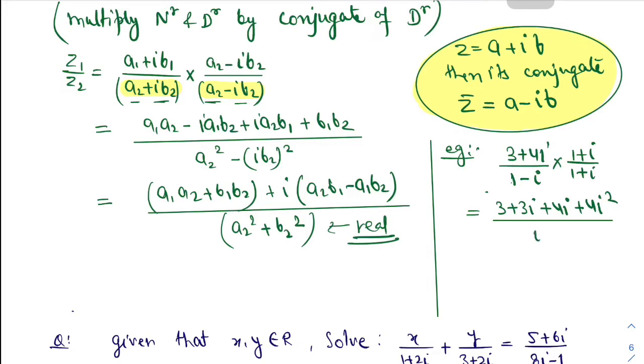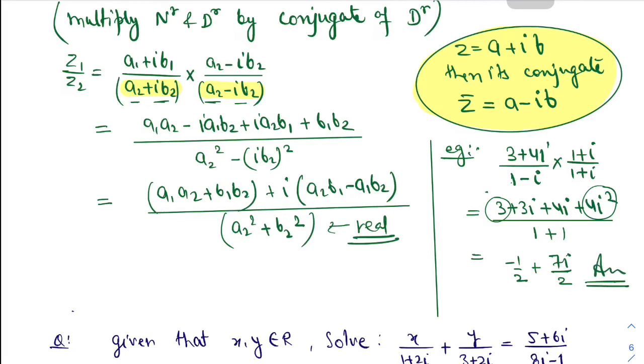It will be 1 square, that is 1, and minus of iota square is again minus 1, so it will be ultimately plus 1. This is minus 4, so 3 minus 4 is minus 1, upon 2, plus 7 iota upon 2, this is the answer.